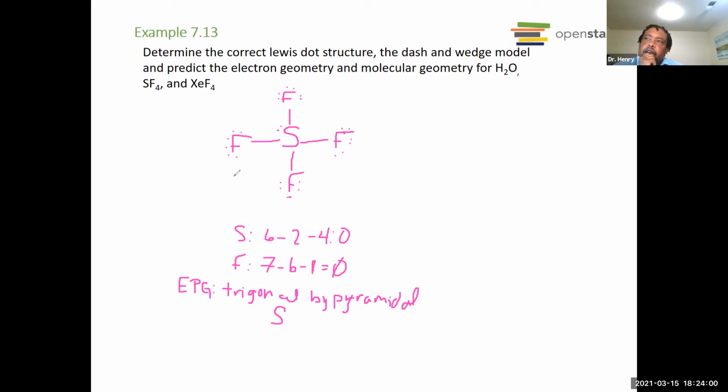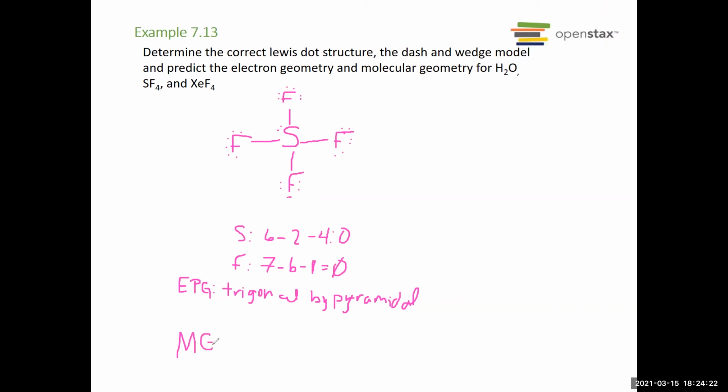That basically means that we'll have 3 in a plane, 1 on top, 1 on bottom. And our MG, seesaw, right, seesaw.